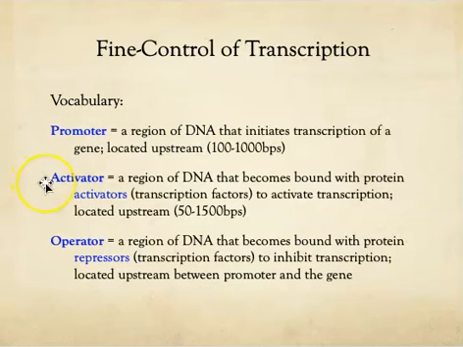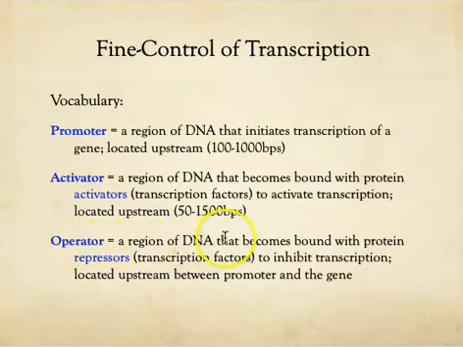Now, activators are also in the regulatory region of genes. An activator is simply a piece of DNA that can become bound to activator proteins in order to upregulate or activate transcription of that gene. As I said a moment ago, activator regions are located upstream from the promoter. Operators are different.